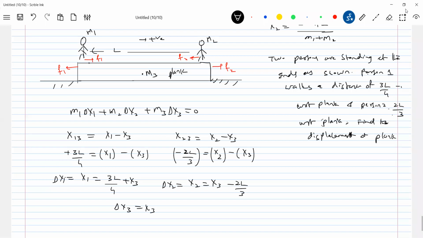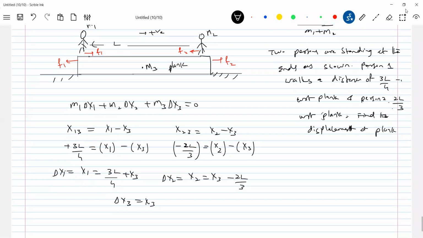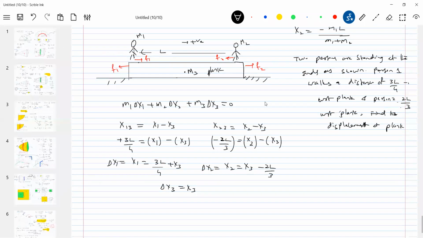Substituting this, M1. This is the approach which you have to develop for the exam, because time will be very less. You can't draw all the diagrams. So this should be M1 times 3L by 4 plus x3, M2 times x3 minus 2L by 3, plus M3 x3 equal to 0.